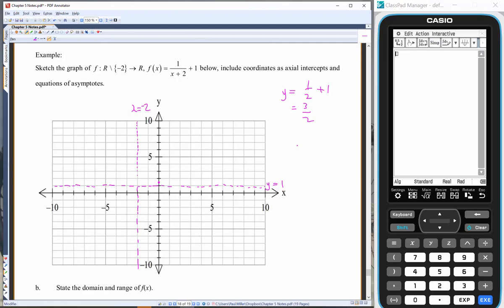And the x-intercept occurs when y is equal to 0. X is equal to -3.